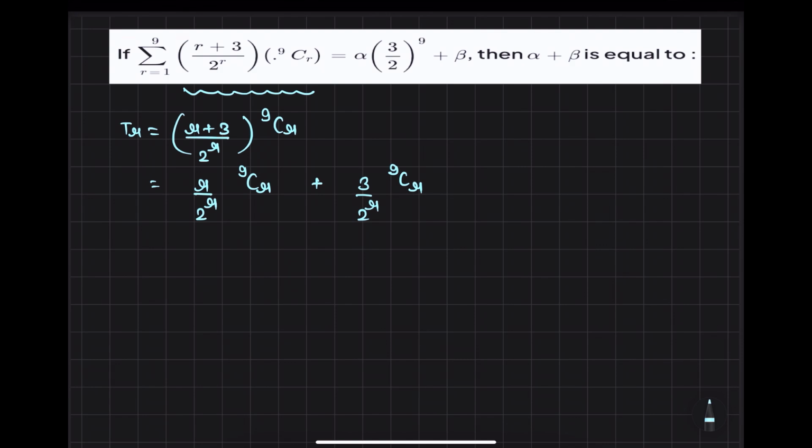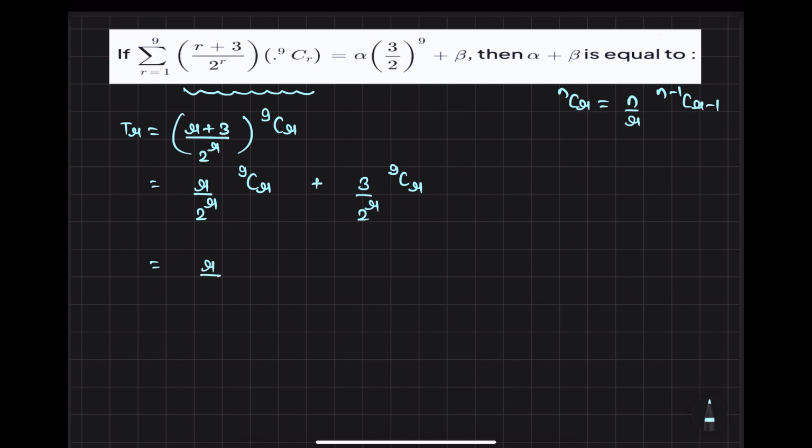So what I will do, I will be using this property: ncr equals n by r, n minus 1 c r minus 1, over here, because we have r over here and which we don't like. Okay, so let's try to manipulate that thing first.